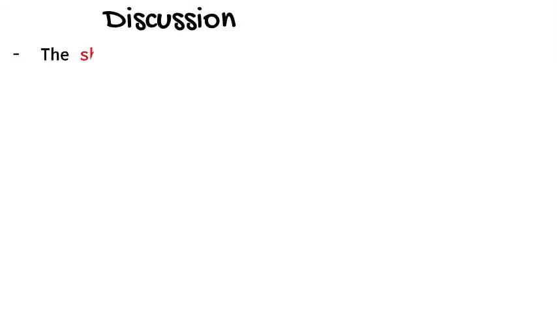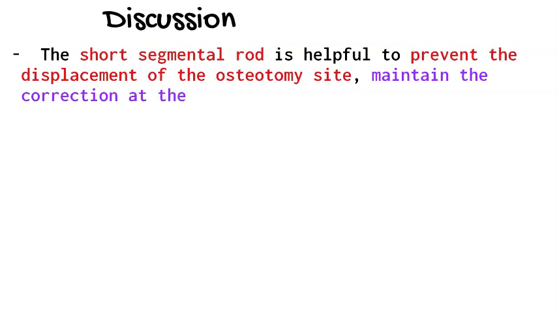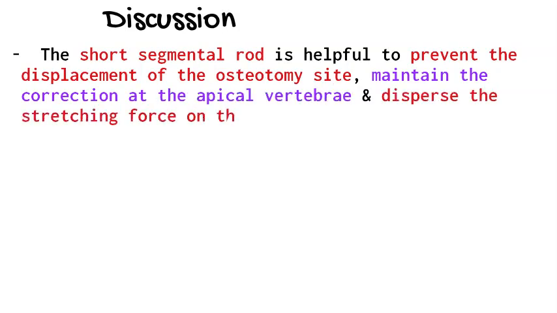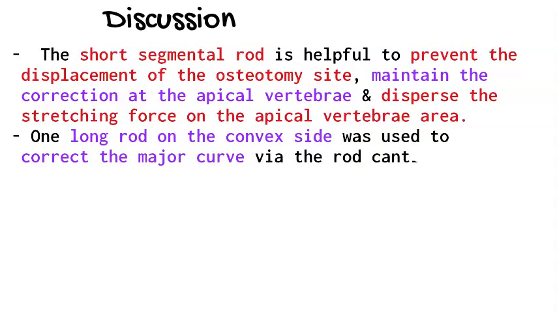The short segmental rod is helpful to prevent the displacement of the osteotomy site, maintaining the correction at the apical vertebrae and dispersing the stretching force on the apical vertebrae area. One long rod on the convex side was used to correct the major curve via the rod cantilever technique.